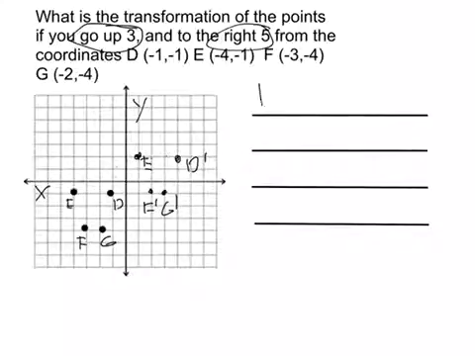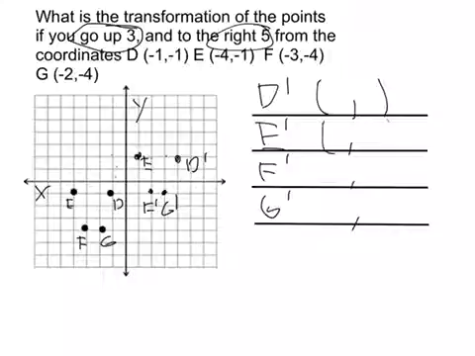So, of course, there's D, E, F, and G, but you have to make sure that all of those are prime, once again, and then all you're going to have to do is draw out the points that are the coordinates of your new ones. So D is 1, 2, 3, 4, 4, 2.